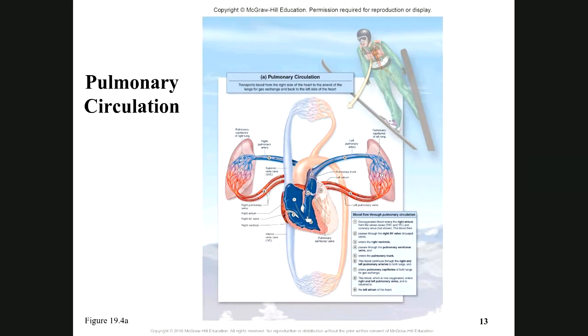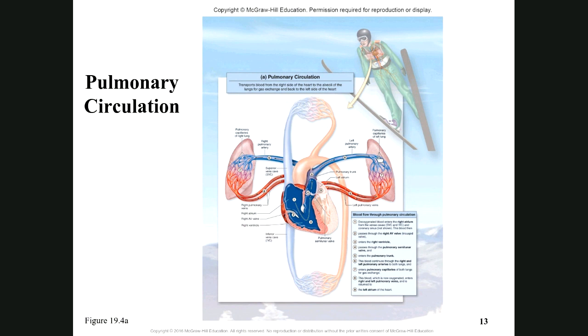But before going to the pulmonary trunk, the blood should pass the pulmonary semilunar valve. Then the blood comes to the pulmonary trunk. As you know, this blood continues its movement to the right and left side of the pulmonary trunk and goes to the right and left lung.